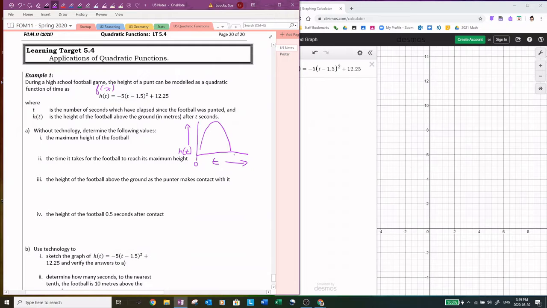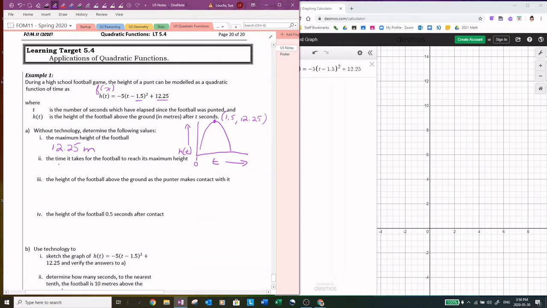And what else do we know about this? Well, we know that the vertex is right here, the vertex is at 1.5, 12.25. So when it asks us what's the maximum height of the football, well, it's 12.25 meters. And how long does it take for the football to reach its maximum height?